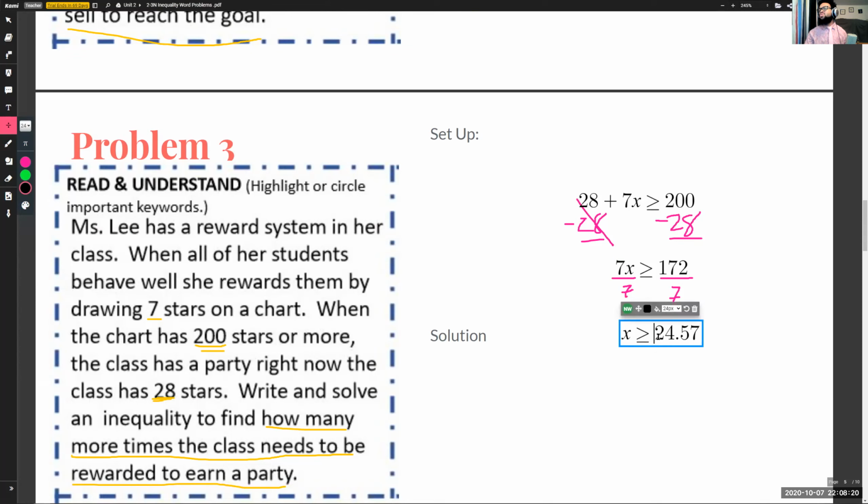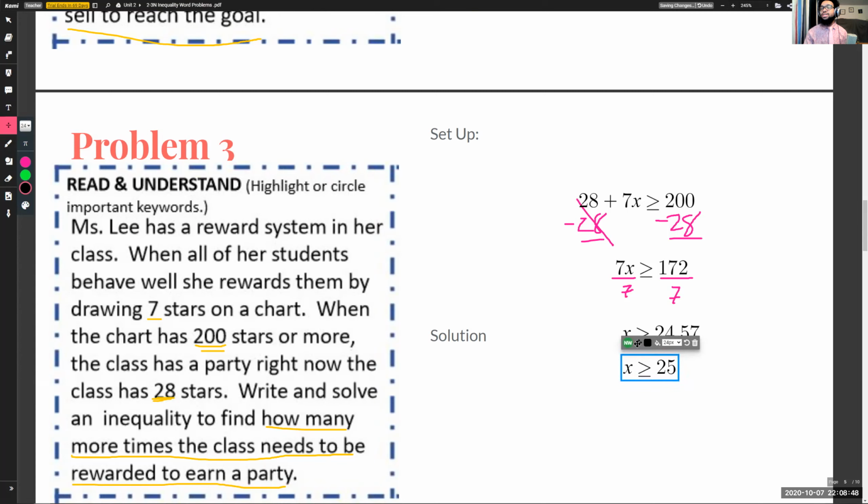And so while this would be the correct answer, think about it. Is this reasonable? Is Miss Lee going to stop class right at 24.57 times of the students getting rewarded? No, she's not. She's going to take them all the way to the 25th time, okay? So with these real world application problems, you have to think about them a little bit and put down answers that are reasonable.